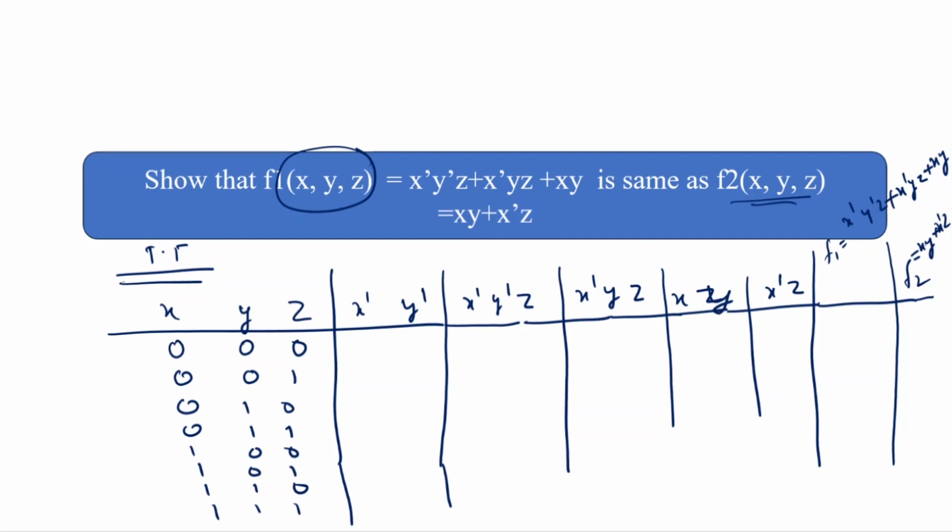For x complement, the first 4 are 1 and the next 4 are 0. For y complement, it is 1 1, 0 0, 1 1, 0 0.